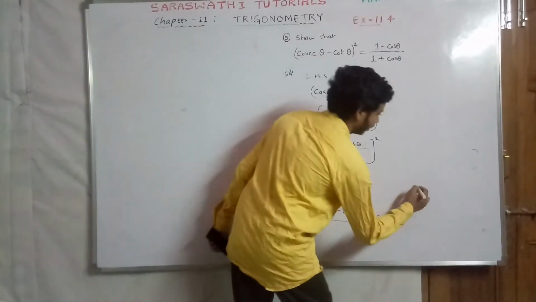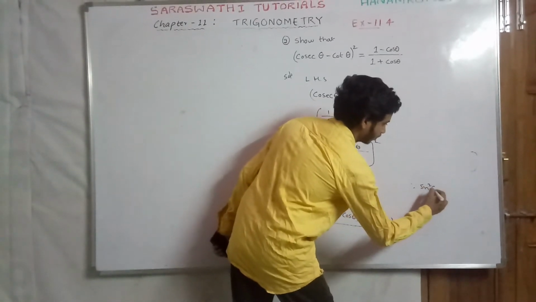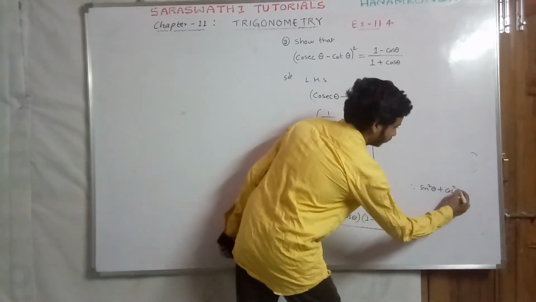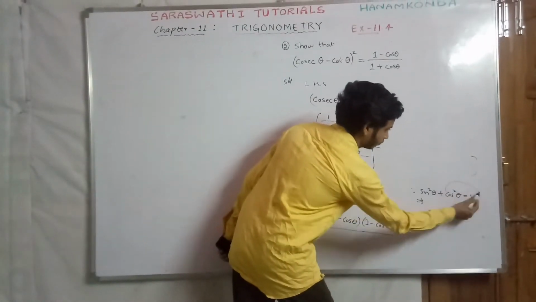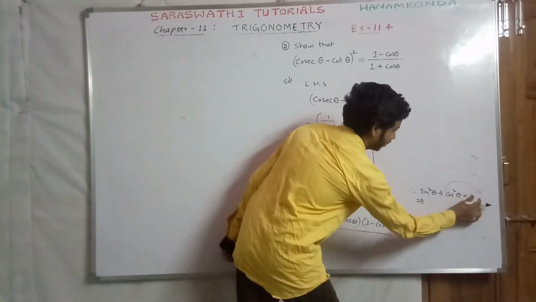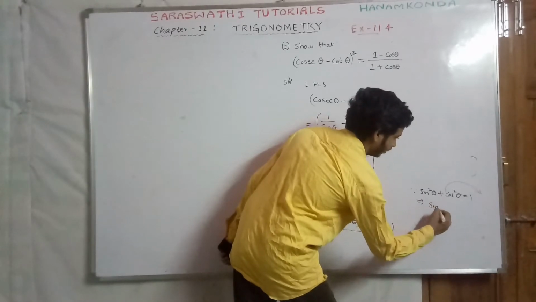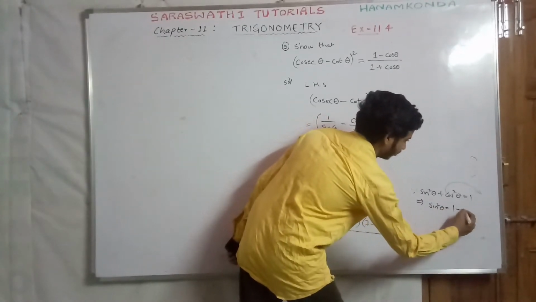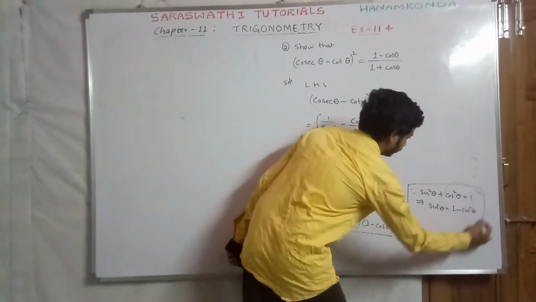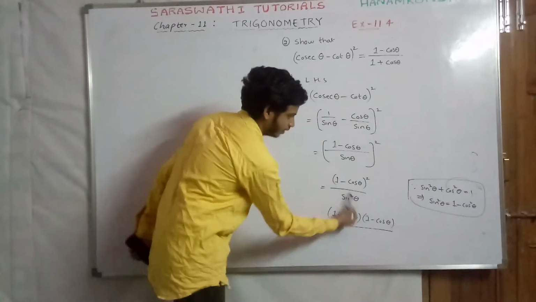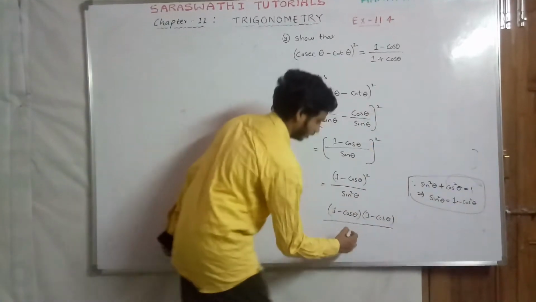So we know the identity sin square theta plus cos square theta equals 1. If cos square theta goes to the right side, it becomes minus cos square theta. That means sin square theta equals 1 minus cos square theta. So in place of sin square theta, we can write 1 minus cos square theta.